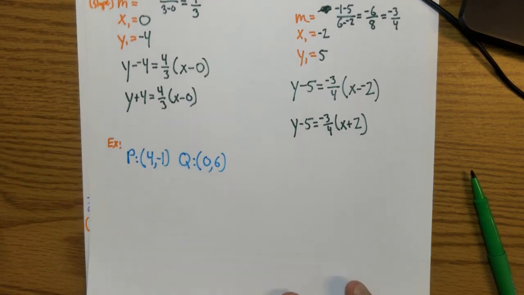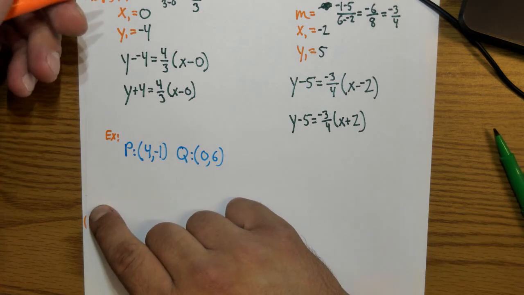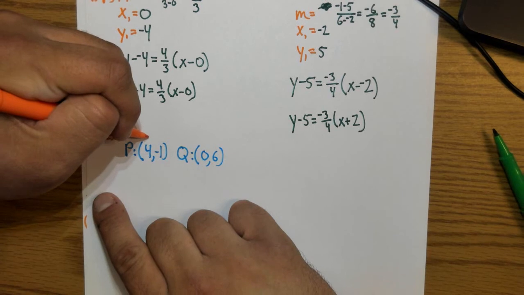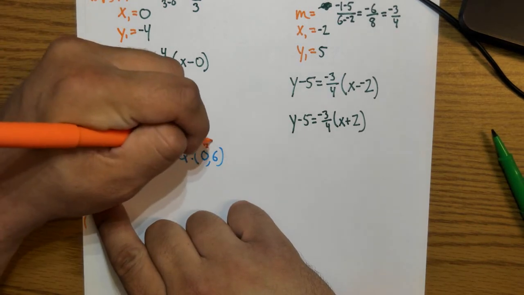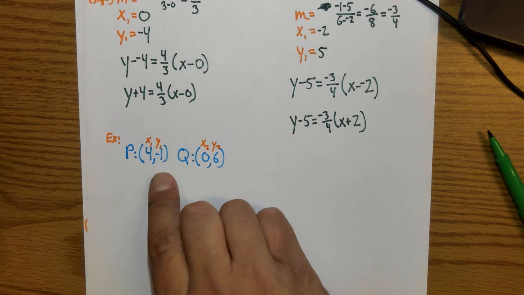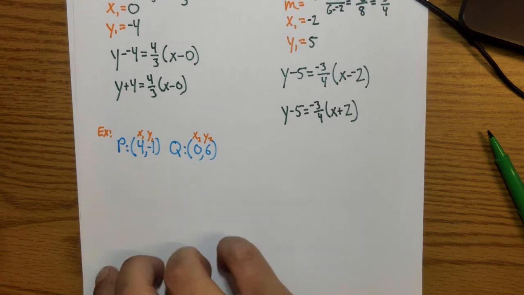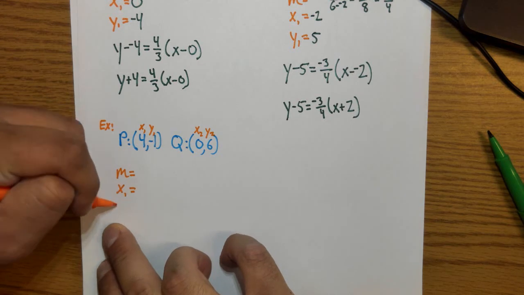So again, let's just define our x1, y1, x2, y2. So we can just say this is x1, y1, x2, y2. Even though this is to the left of that one, but whatever. So we need to find our m, our x1 and y1.